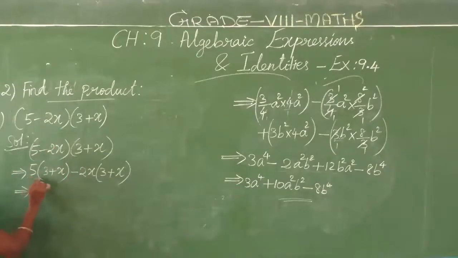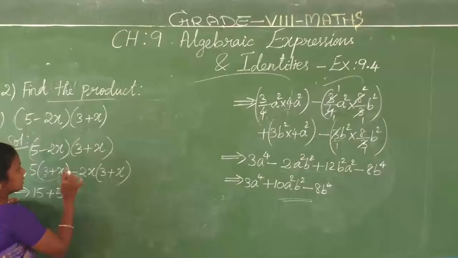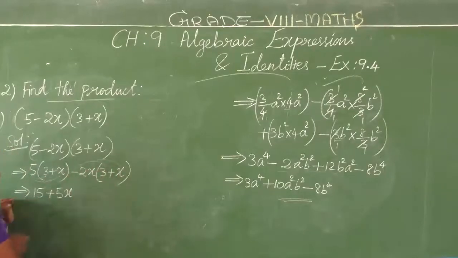Okay, now insert. 5 into 3, 5 3s are 15, plus into plus, plus, 5 into x, 5x. a into b plus c equal to a into b plus a into c. Likewise here what comes? Like this, minus 2x into 3, minus 2x into x.